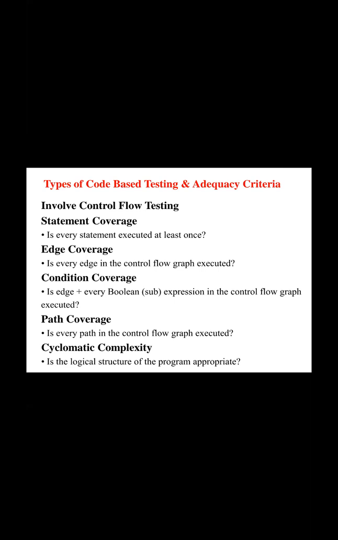Statement coverage techniques are used to check each and every statement of your project. In edge coverage testing, we use the flow graphs to check for any hidden errors in the edges. And condition coverage can be tested by using Boolean and sub-expression control flow graph techniques.